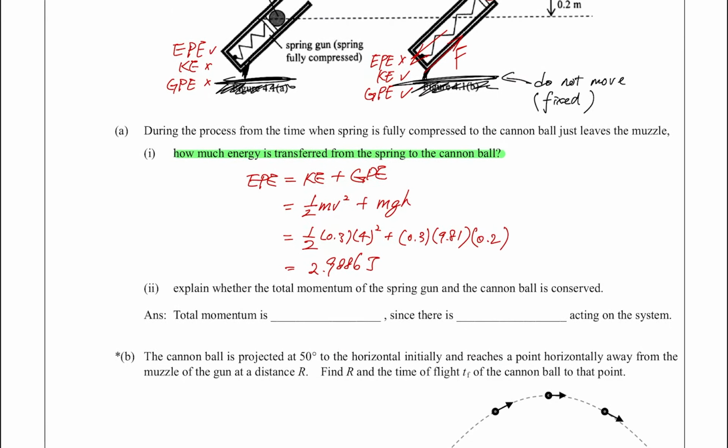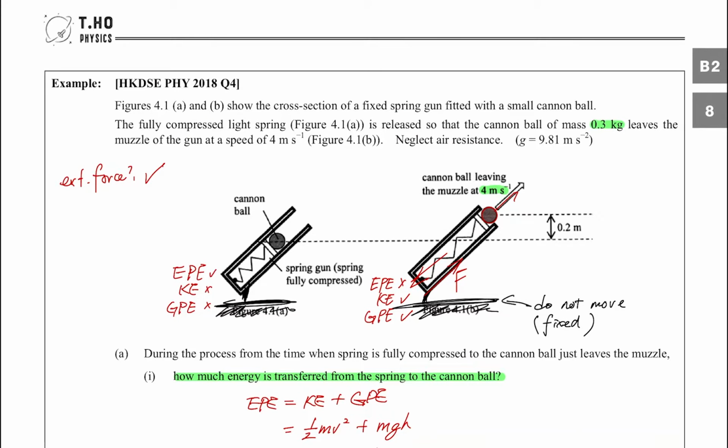In that case, if there is external force acting on the spring gun, the total momentum is not conserved, as there is external force acting on the system.